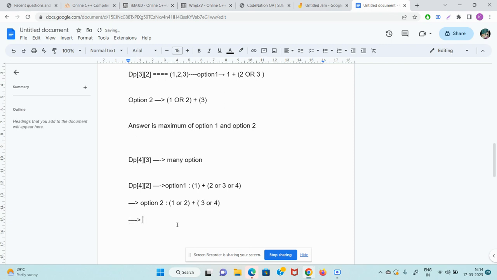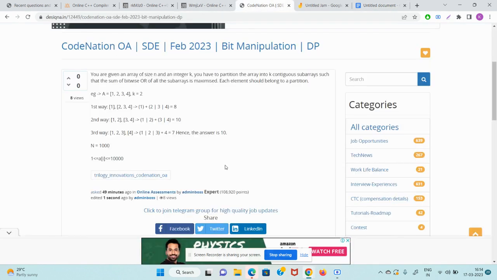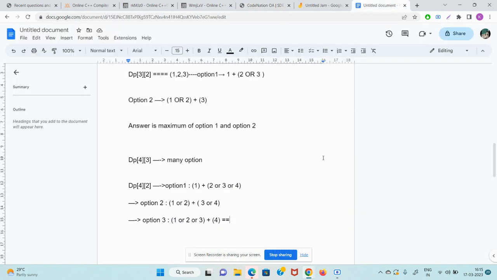Option 3, 1 OR 2 OR 3 plus 4. This gives us 7, this gives us 10, this gives us 8. Whichever is the maximum of the three options is the answer. It's 10.